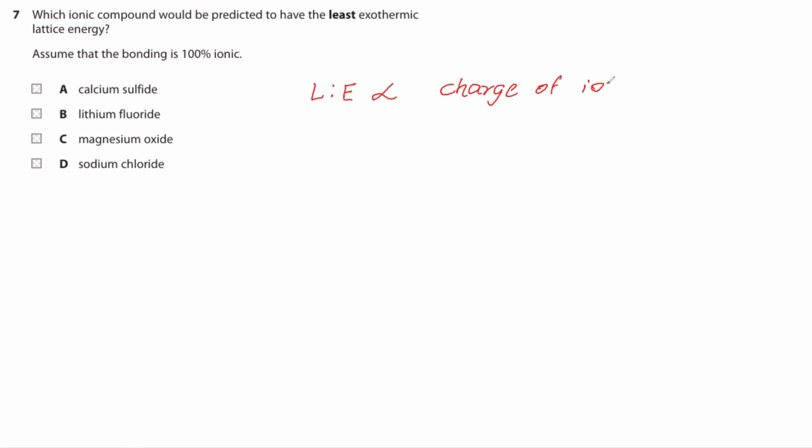It can be anions as well as cations. But it is inversely proportional to the size, or radius, of the ions. So in one line, let's assume you have higher charge.